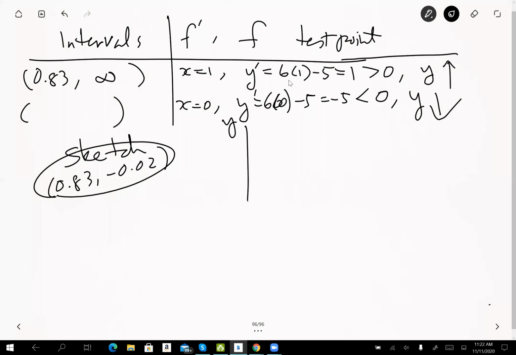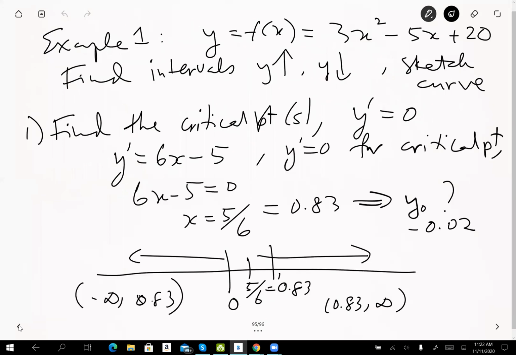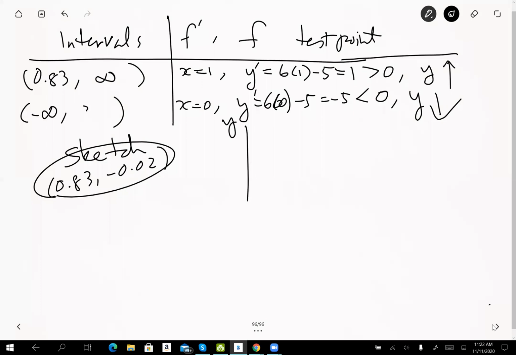If I make a mistake, let me know. Don't stay silent. The teacher is not always correct. So this is negative, and that one should be the other way around: negative infinity to 0.83. So my graph actually was correct. It's okay, we draw another graph.